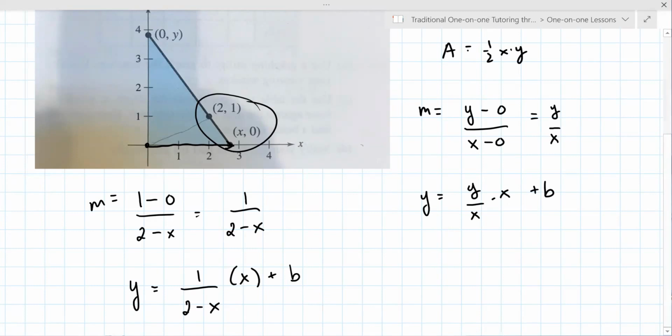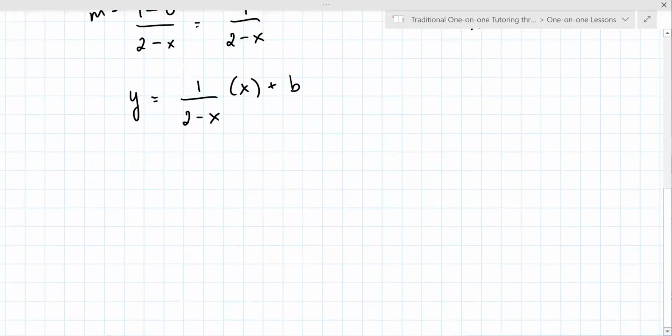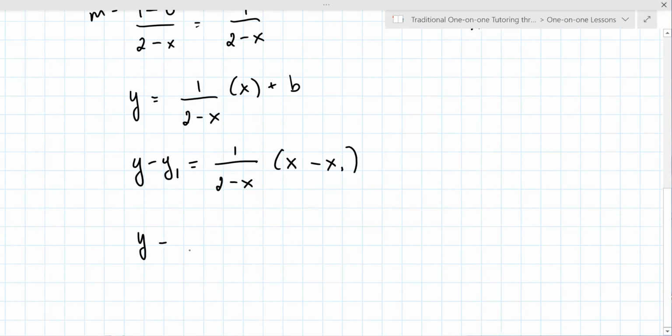Let's try another equation of a line. Let's go with y minus y1 equals the slope 1 over 2 minus x, times x minus x1. Using that point there, we have y minus 1 equals 1 over 2 minus x times x minus 2.